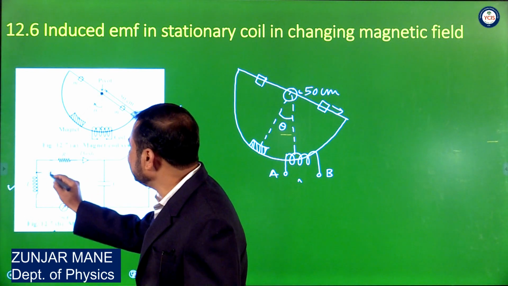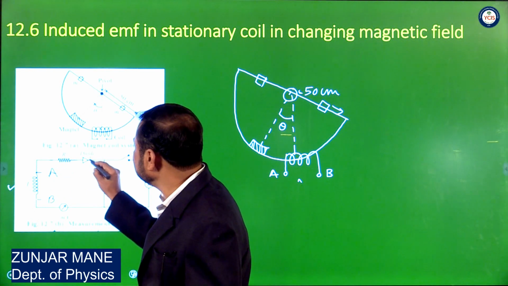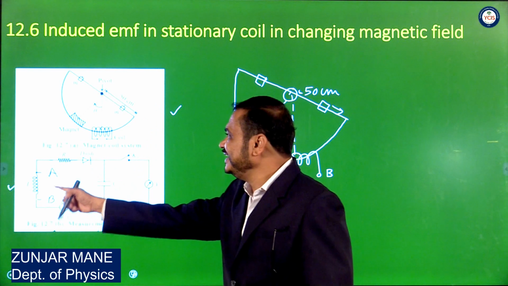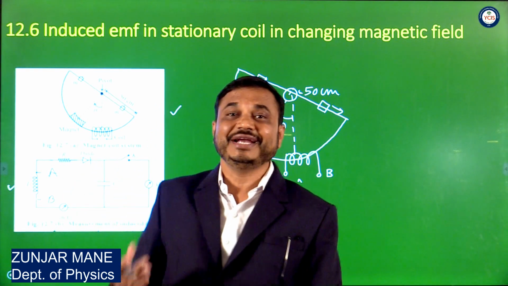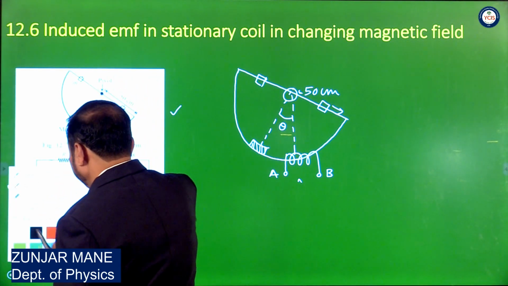Suppose this point is A, this point is B, and this is the diode. So this is connected in this circuit, that is resistance, diode, capacitor, millimeter and voltmeter. So let us do an experiment.